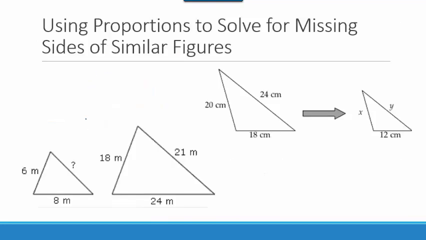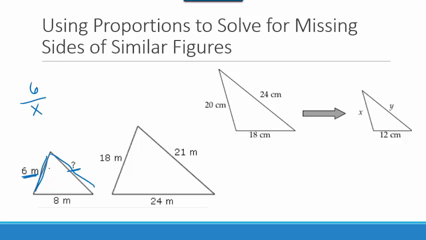We can also use this for similar figures. So I tell students all the time, I don't care basically how you write your ratio as long as it matches up from one side to the other. So here's what I mean by that. We're trying to figure out what this mystery question mark is. So I would start off, you could do, for example, 6 over question mark. So notice I'm choosing this side first, and then my question mark next, which I'll call x.